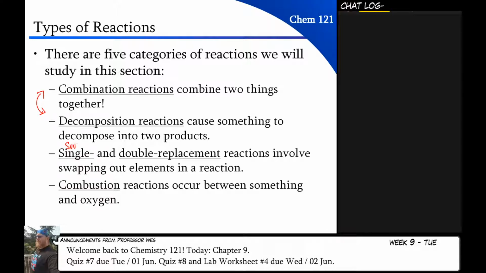So single is swap. That was supposed to be a W, but my pen jumped there. So single and double replacement are switching out one or two things in a reaction.